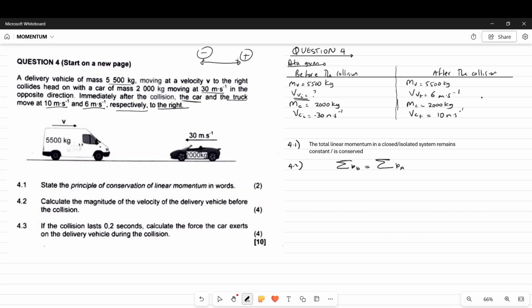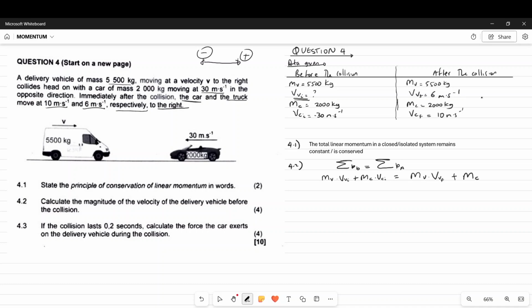So we have the mass of the vehicle times its initial velocity, plus the mass of the car times the initial velocity of the car, equal to the mass of the vehicle times its final velocity.